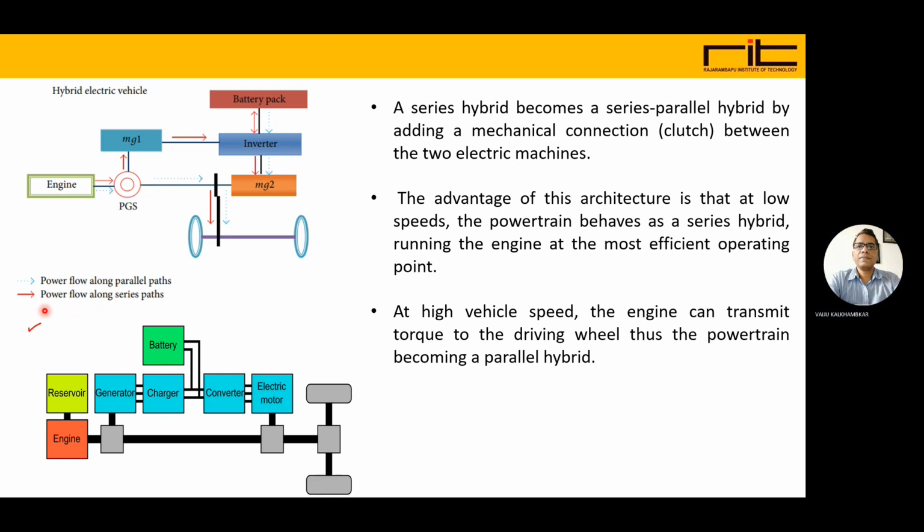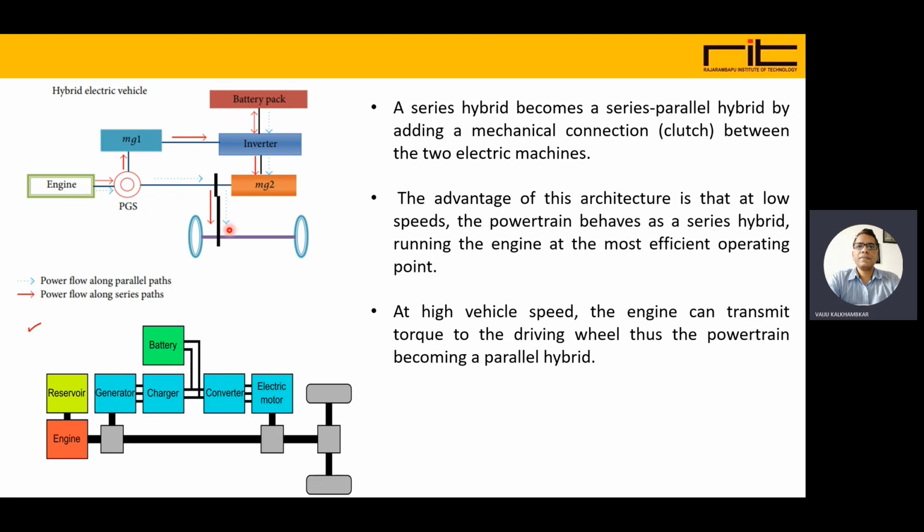In the series path, we can see here the engine will drive the motor generator, and the generated output will be given to the inverter, and then this will give input to the motor.